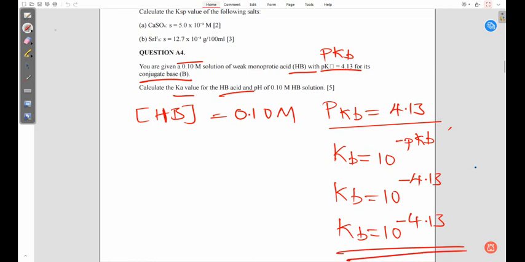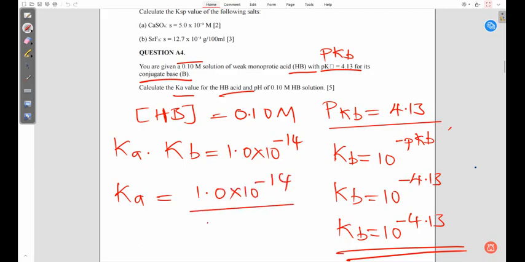Then the other relationship that we know from acid base is that the product of Ka and Kb, meaning that the Ka of the acid and the Kb of its conjugate base, should be equal to, at 25 degrees of course, since no piece of information has been given, 1.0 times 10 to the power negative 14. Okay, so our Kb value is known. We can find our Ka by just dividing by the Kb.